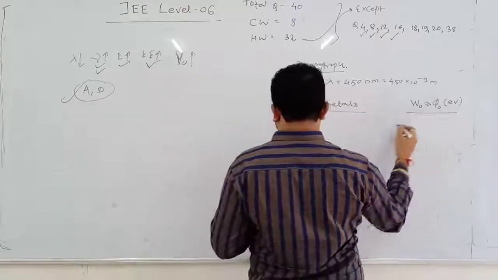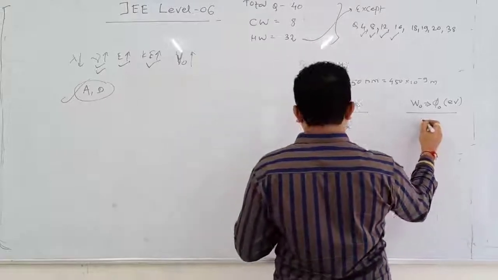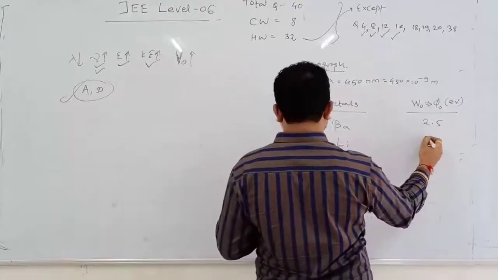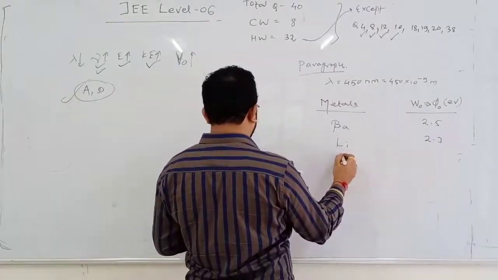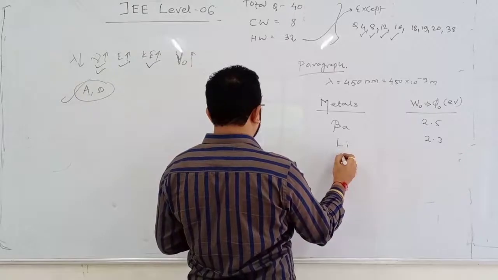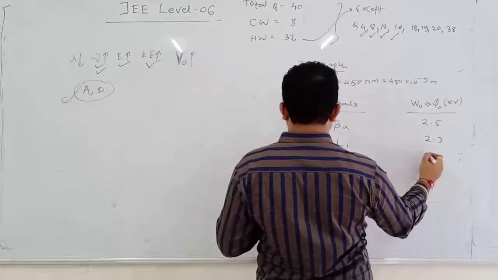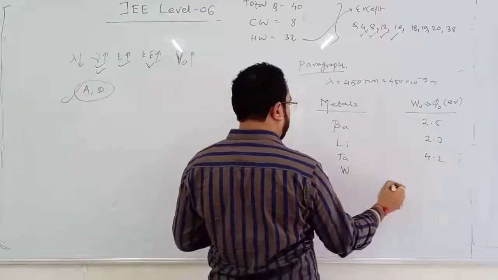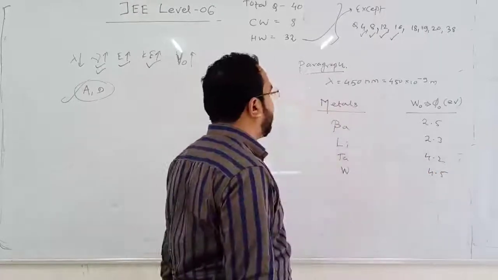मेटल आहे बॅरियम 2.5, लिथियम 2.3, tantalum 4.2 and tungsten 4.5. ठीक है.